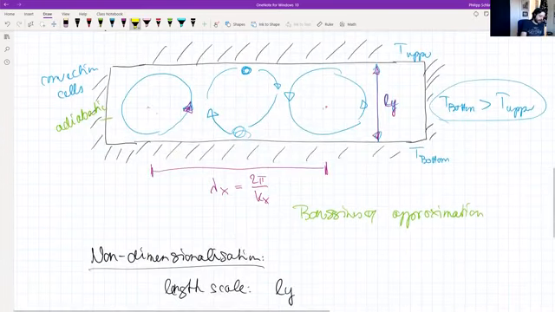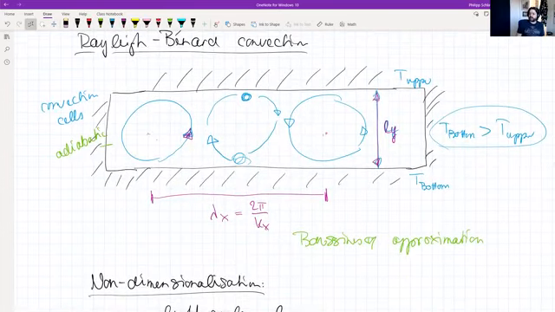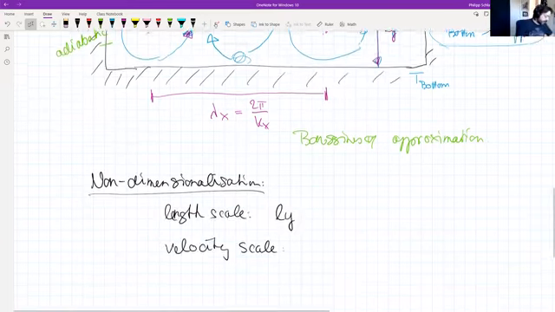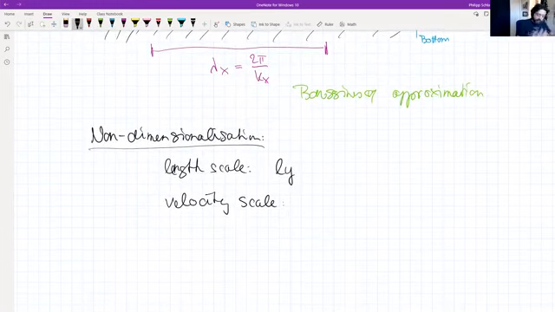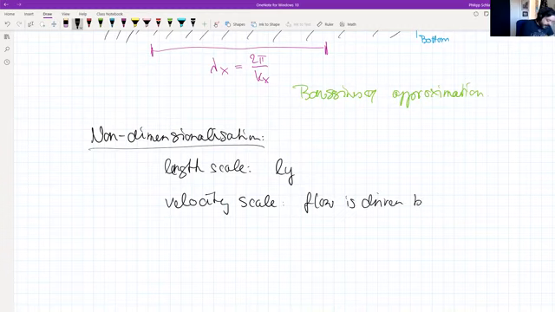But in this case, we actually do not have a clear velocity scale given, but of course we need a velocity scale so that we can scale the velocities in the momentum equation. So I guess if we just start to write that down, we realize that the flow is driven by the buoyancy force.